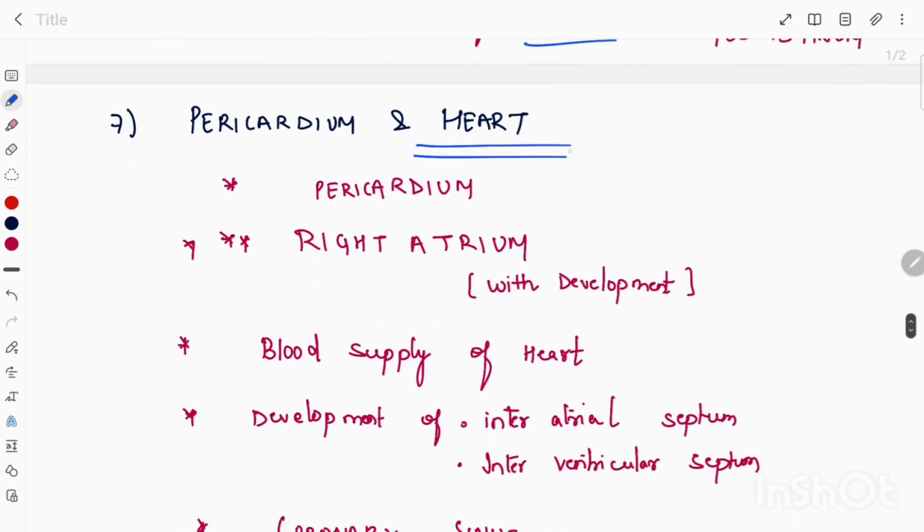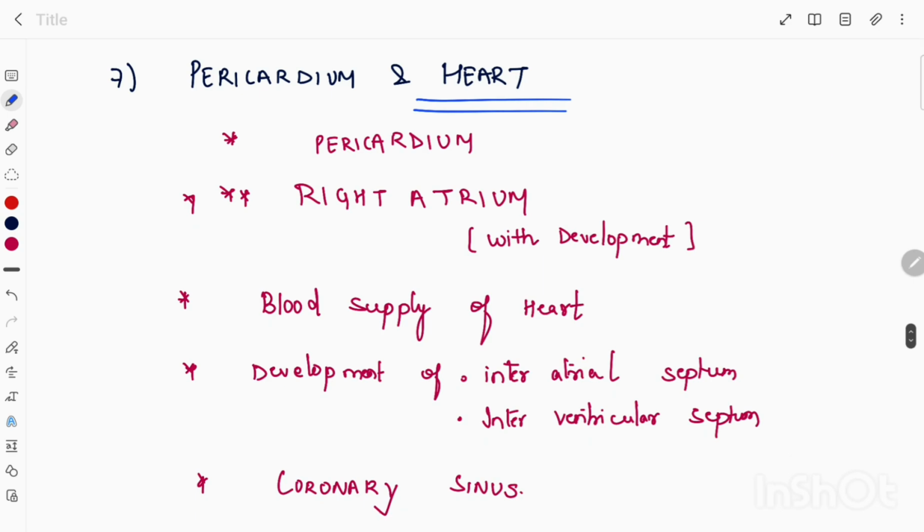Then, very important, if you get a long question from the thorax region, then ultimately you will be getting it from the heart, that is the right atrium. All the right atrium things, like its blood supply and the development of the interatrial septum. These questions come very often. A very important long question from the thorax.